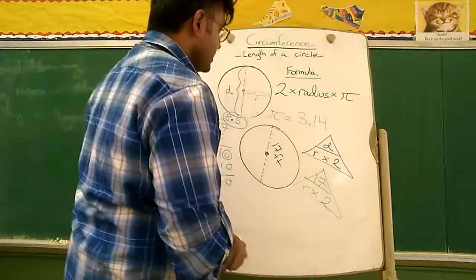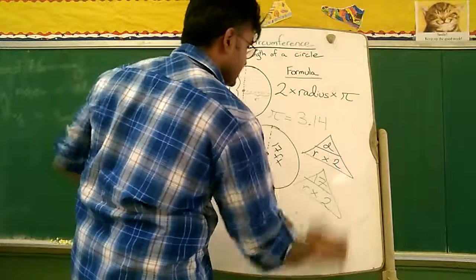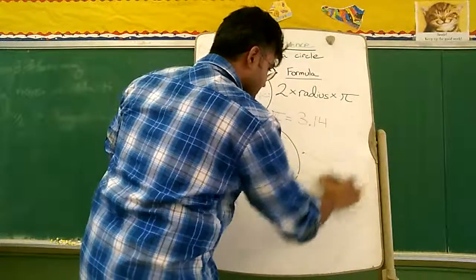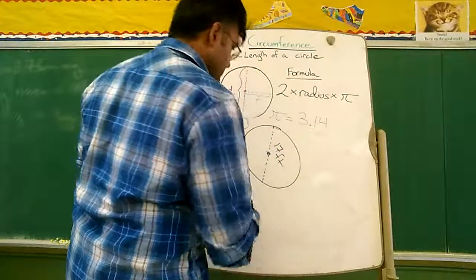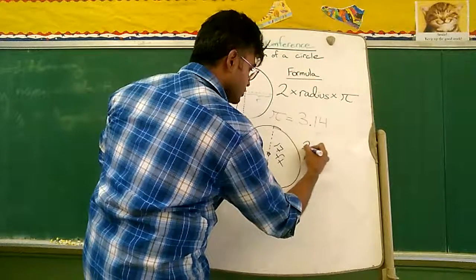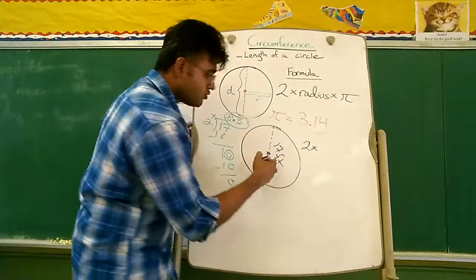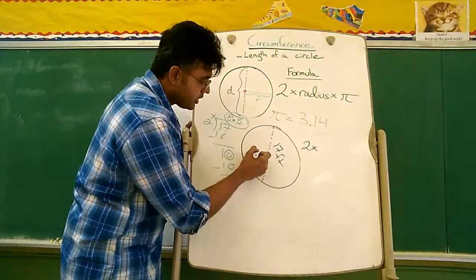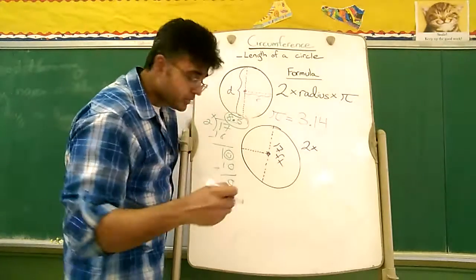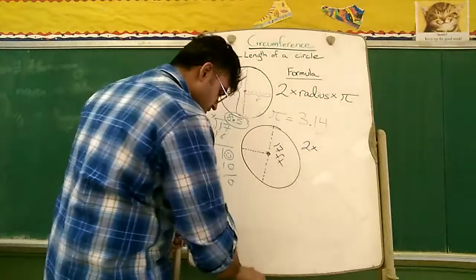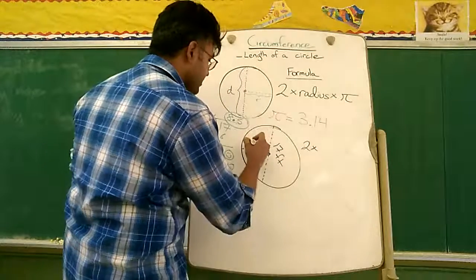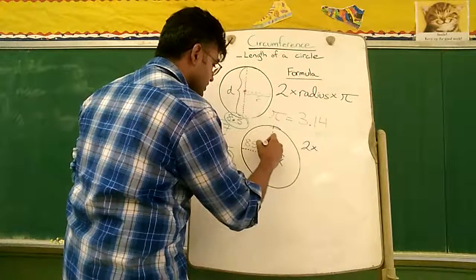So, let's plug it in into our formula. I'm going to erase this off one more time. 2 times the radius of our circle. We found that the radius of our circle is 8.5 feet.